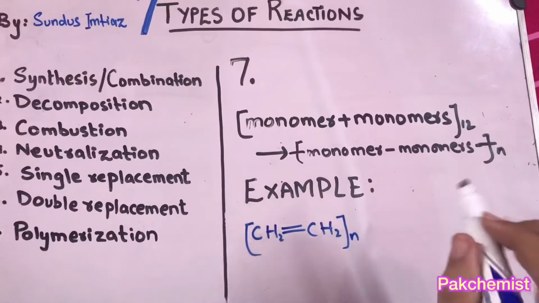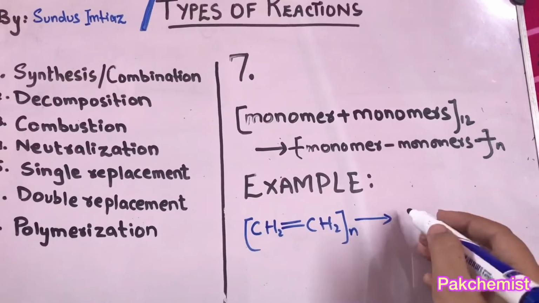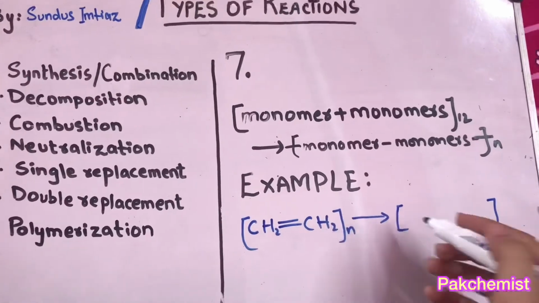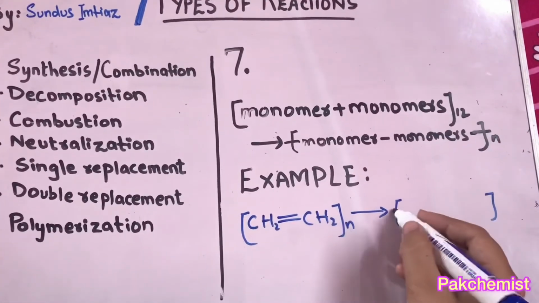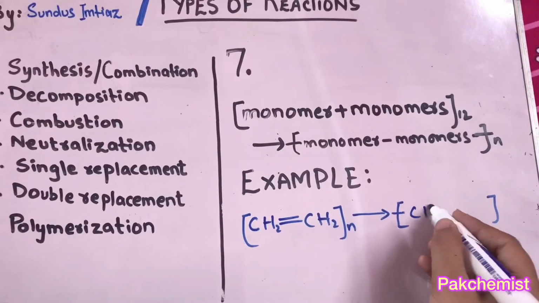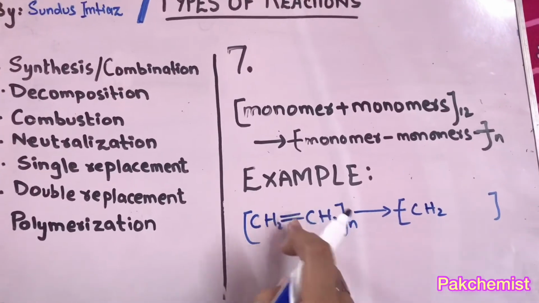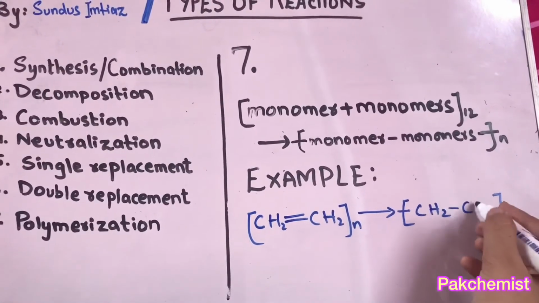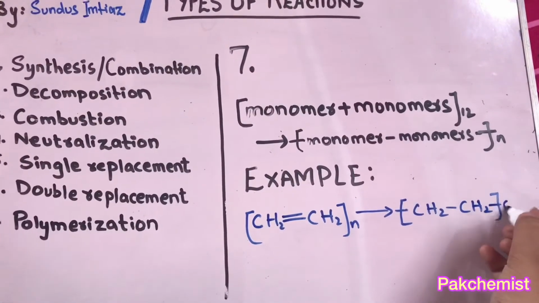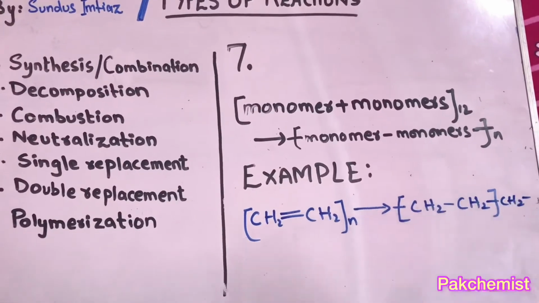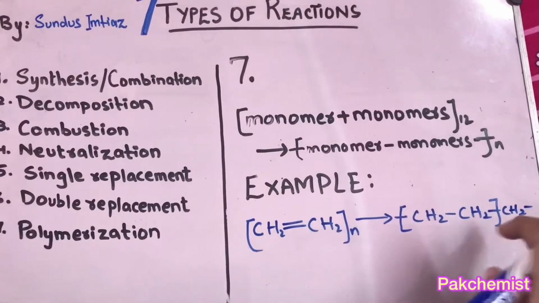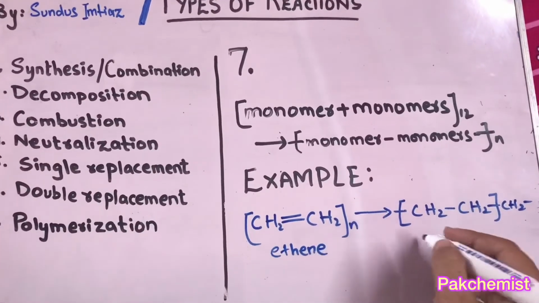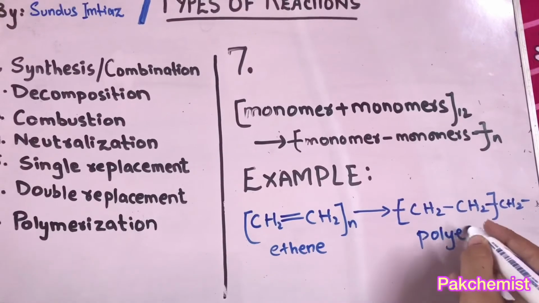For example, put an N, and after the reaction, after the combination of different monomers, we see that this double bond will break from the center and will join other monomers like this, and the chain will continue. This is our polymer. This is ethene, so this will be polyethene, right?